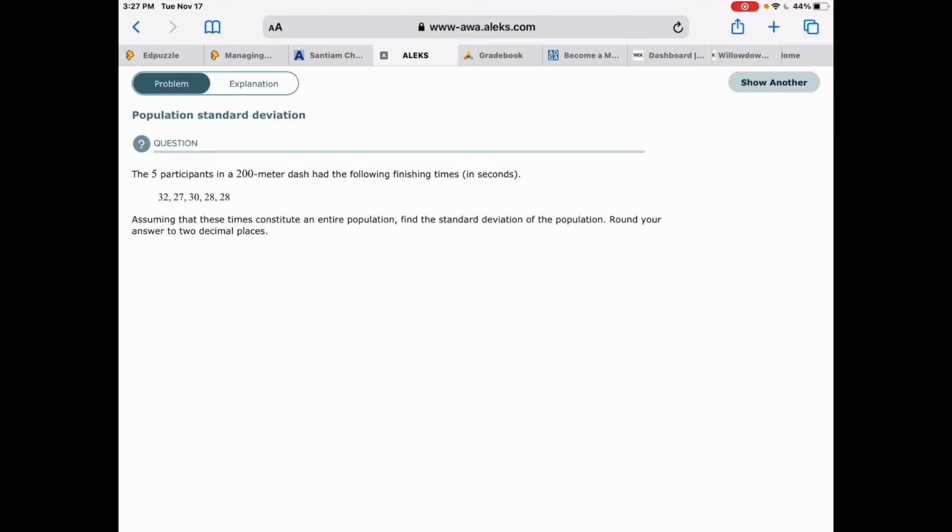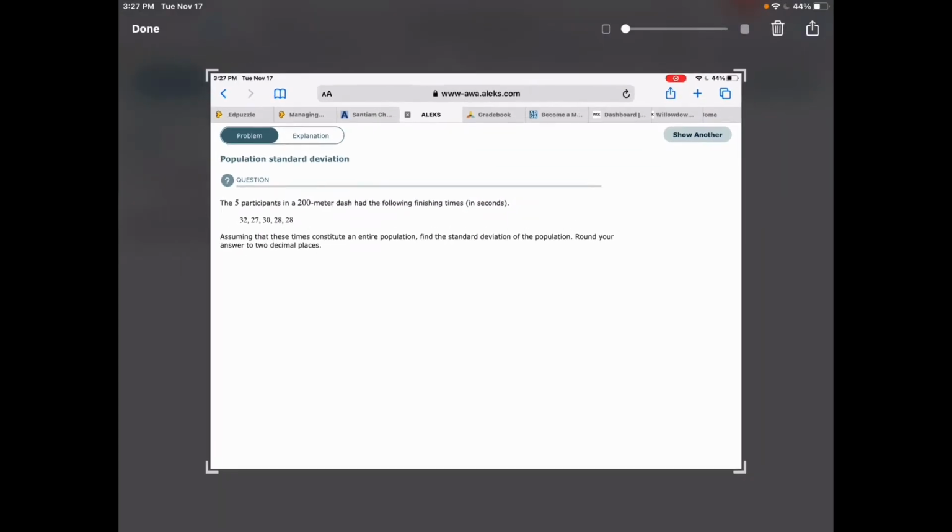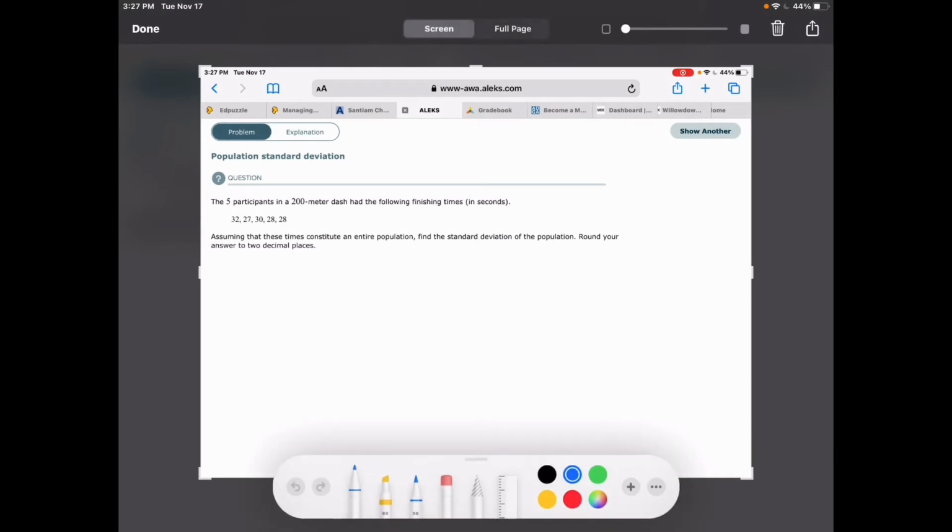If we were doing a regular standard deviation, you would see this symbol, and the difference would be, I'll show you in a minute, but we would divide by n-1. So the population standard deviation is noted like that.